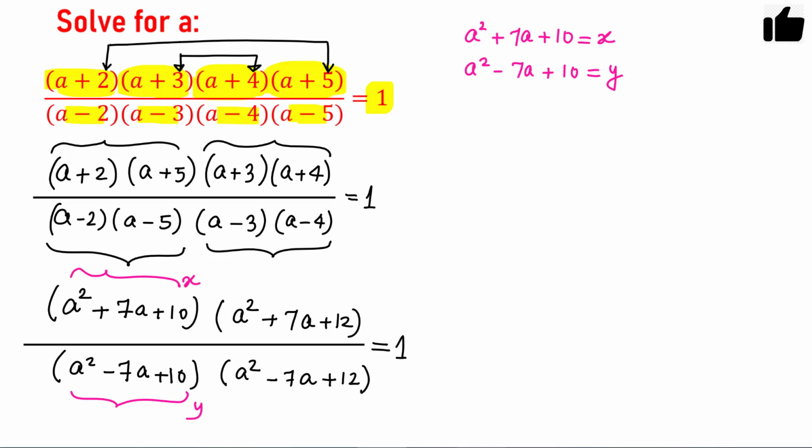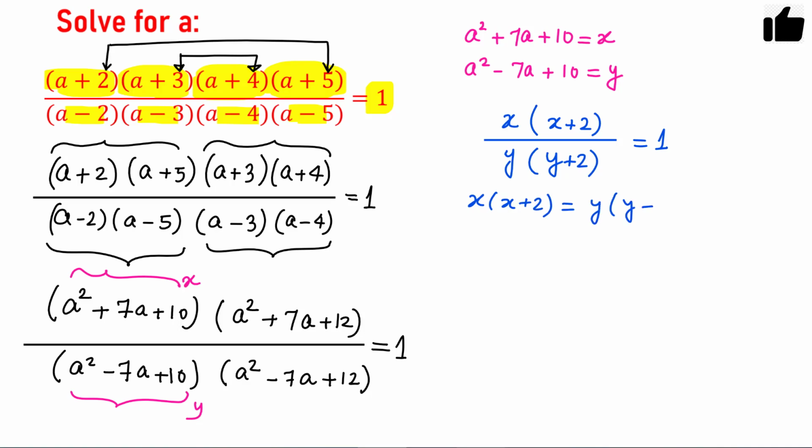With this substitution I can write this as x, and this will be x plus 2 because you have 12, and similarly this is y, and this will be y plus 2. So this is equal to 1. Now let us cross multiply. So you will have x into x plus 2 is equal to y into y plus 2.